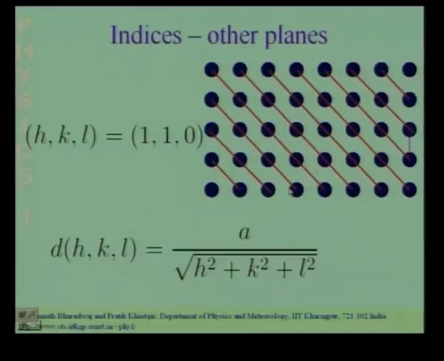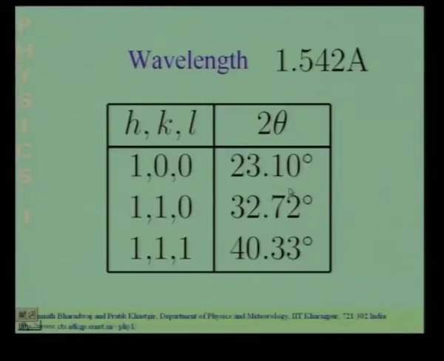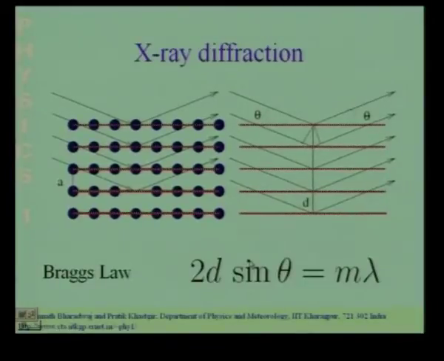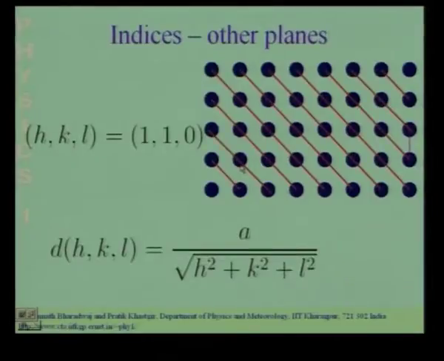Now, the question is that we have to interpret these different maxima. There are two things which could change. The first is the order of the maximum m, or the value of d. d is the spacing between the planes, and there are many possible planes through the crystal.